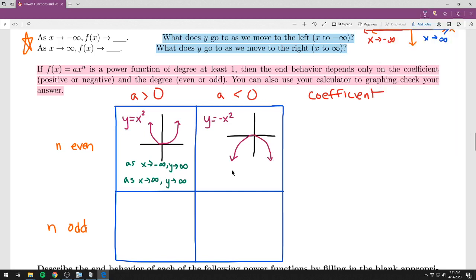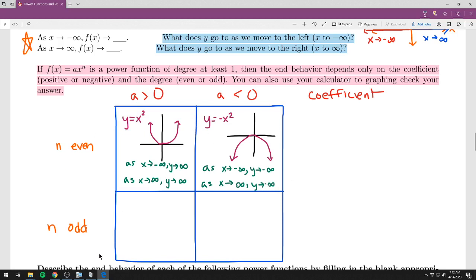And what this is saying is, as we go to the left, y goes to negative infinity. As we go to the right, y also goes to negative infinity.